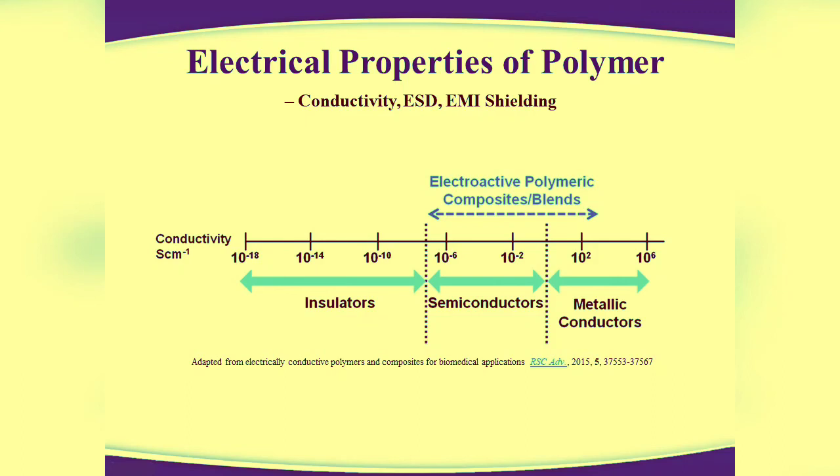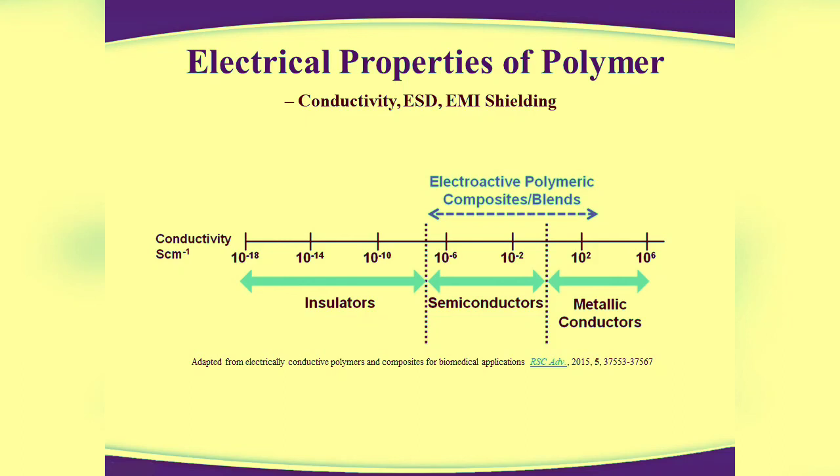However, for certain applications like electronics, wire and cable, EMI shielding, polymeric materials need to have certain amount of conductivity, typically in the range of 10 to the power minus 9 to 10 to the power minus 2 Siemens per centimeter. This range of conductivity can be achieved by mixing conducting fillers in the polymer matrix.